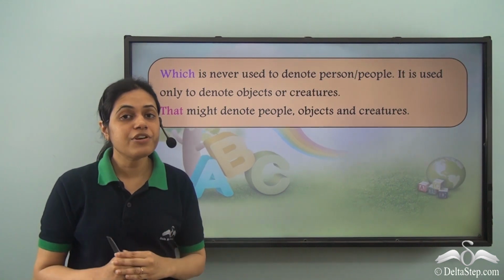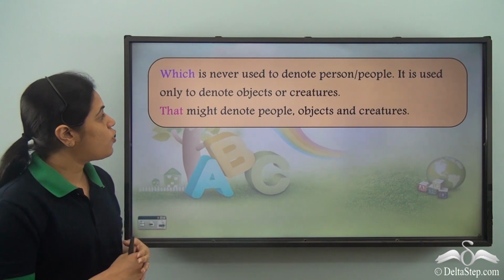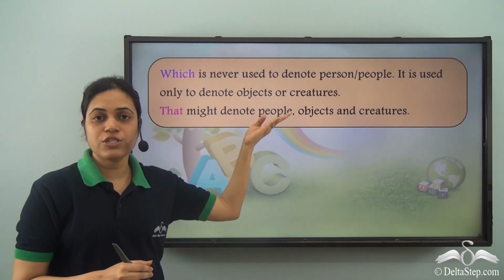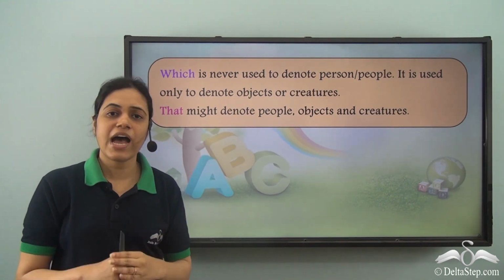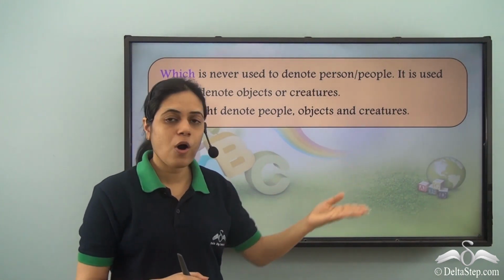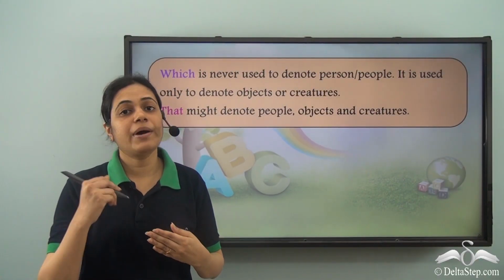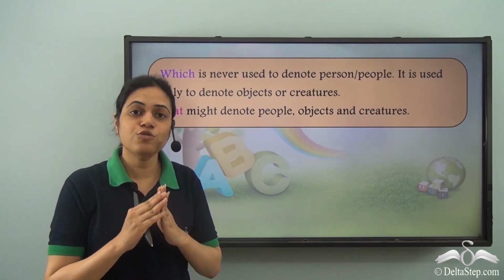Which is never used to denote person or people. It is always used to denote objects or creatures, that is animals. Whereas that is used to denote people, objects and creatures. So that can be used for living things or non-living things, but which is never used for people.